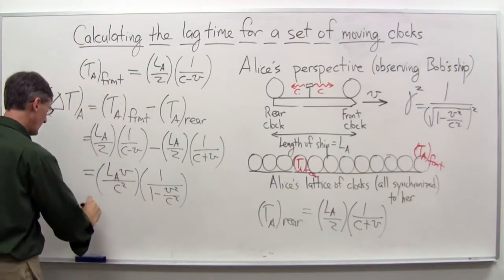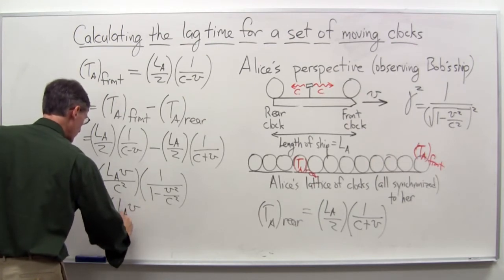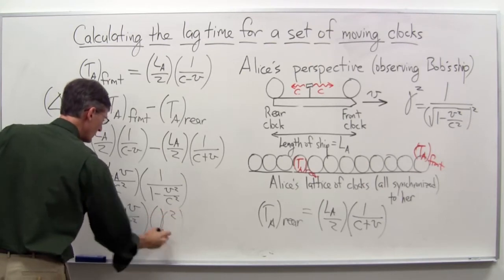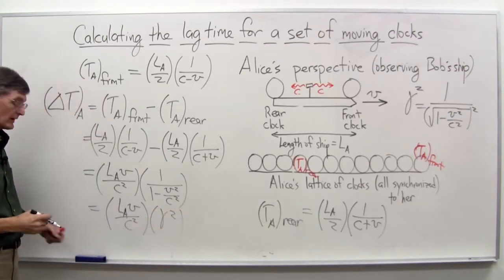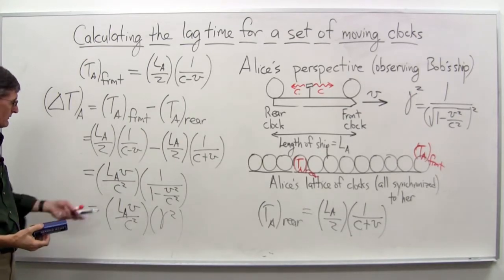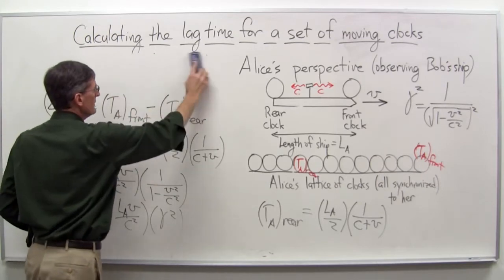So we could write this as LA times V over C squared times gamma squared. Hey, now we've sort of gotten someplace. So that's our result for delta t. Let's get rid of this for a minute.